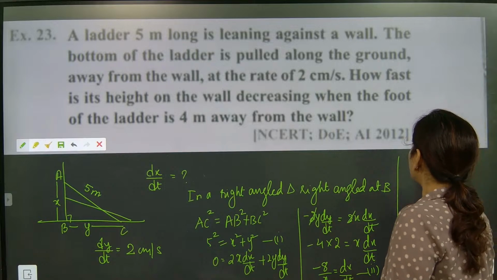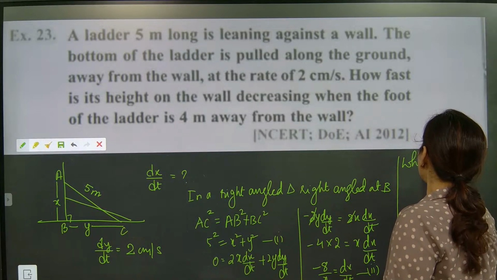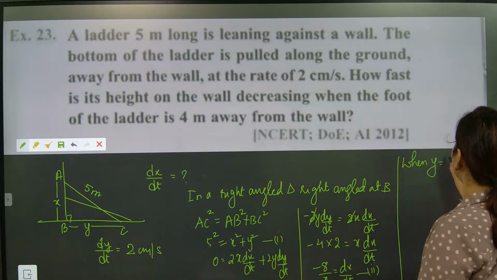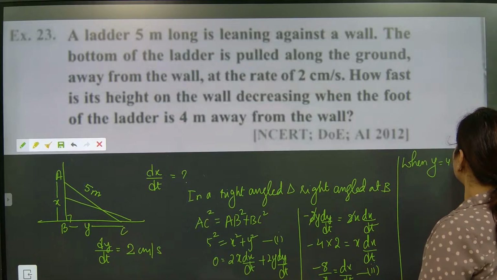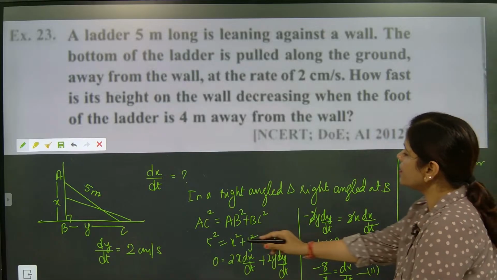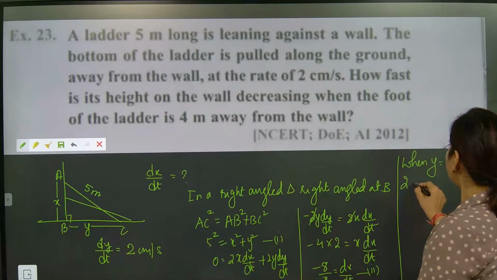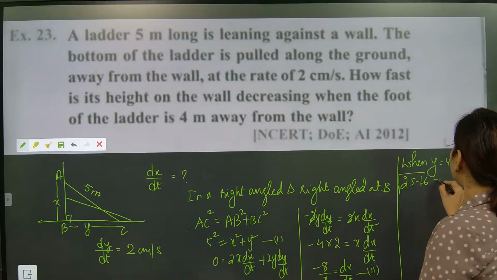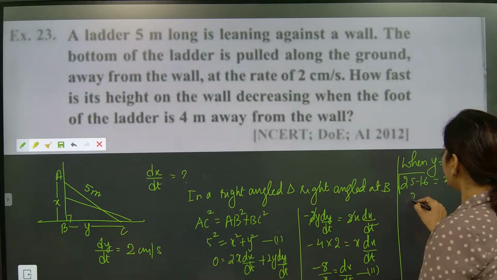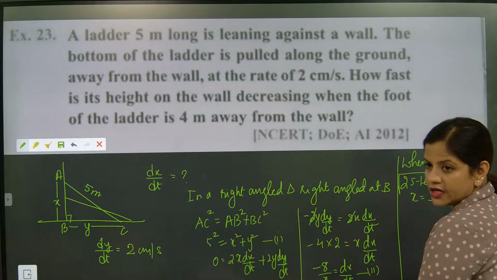Understood? So now look here, when y is equal to 4, then 25 minus 16 root under is equal to x. So x part is coming as 3.